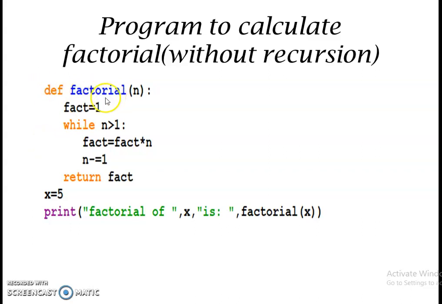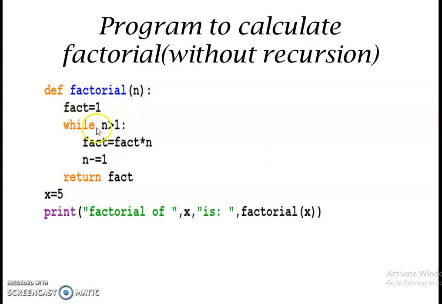Now the definition starts. Here we have one variable named fact. Its value is 1. Now we are iterating because we need to multiply to calculate factorial. Here the condition is while n is greater than 1, because the initial value of fact is 1.